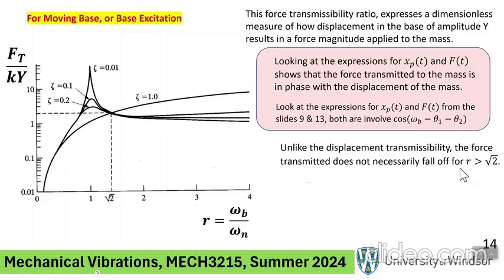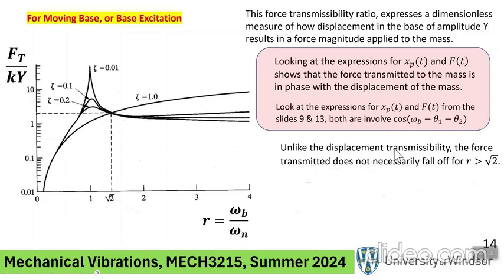Now, when r is bigger than root 2, remember, for displacement transmissibility, which was big X over big Y, actually everything went below 1, below the ratio 1. That doesn't happen here, okay?